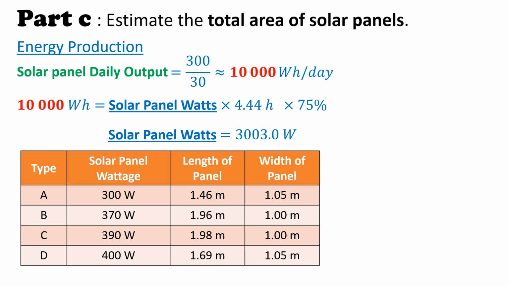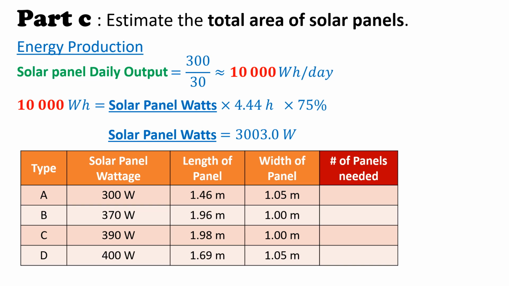Next, we need to estimate the number of panels needed, and this can be done by taking the solar panel wattage, 3003 watts, and dividing it by the solar panel wattage for each individual panel. So let's take, for example, in type A, there'll be 3003 divided by the 3000 watts. So we'll need about 10 panels.